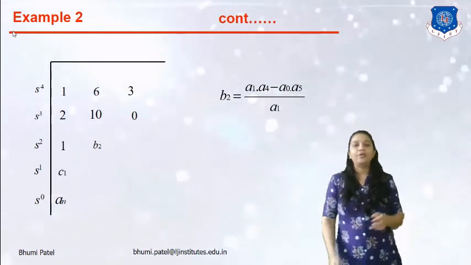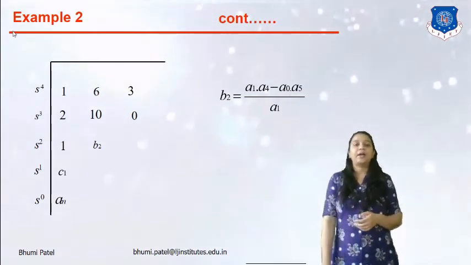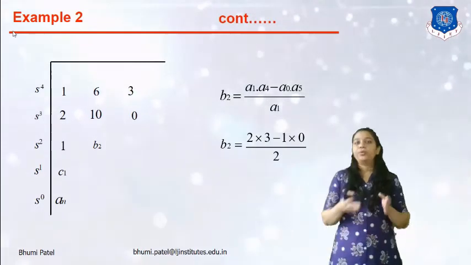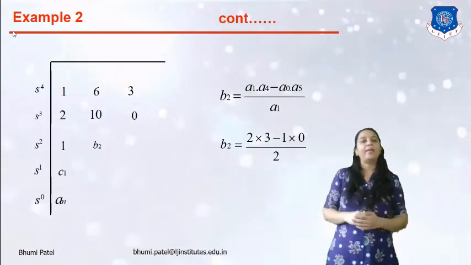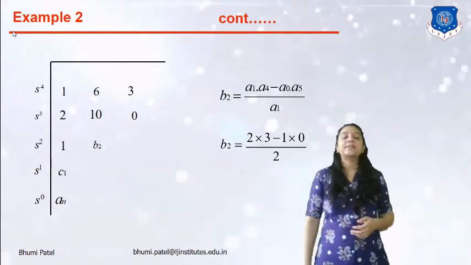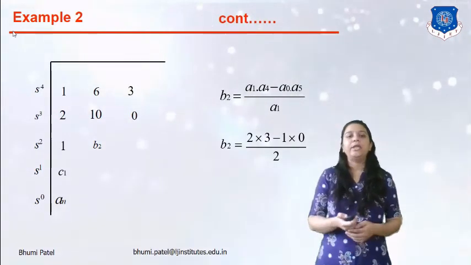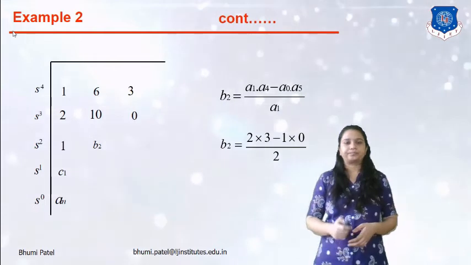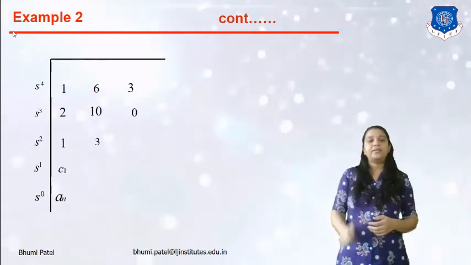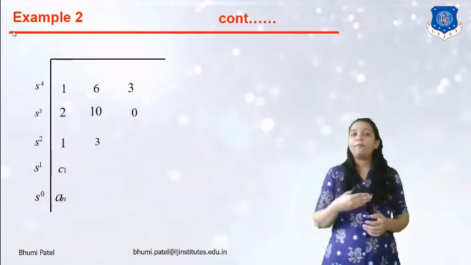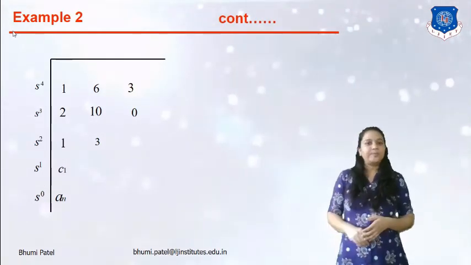Putting the values, b2 is equal to 2 into 3 minus 1 into 0, divided by 2. Simplifying, we get b2 is equal to 3. Okay.